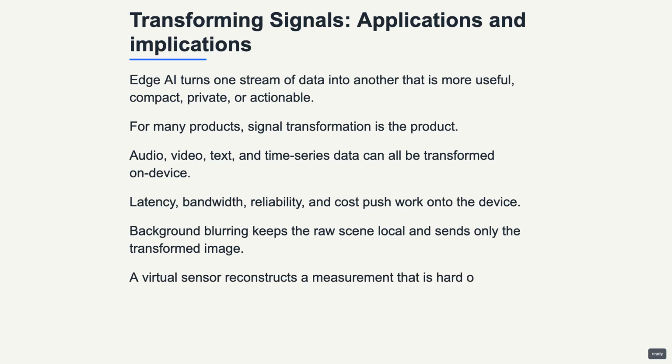This is synthetic sensing. The model infers a missing physical quantity from cheaper signals that already exist. With a single camera, for example, depth estimation produces a usable depth signal for navigation or scene understanding instead of another image.